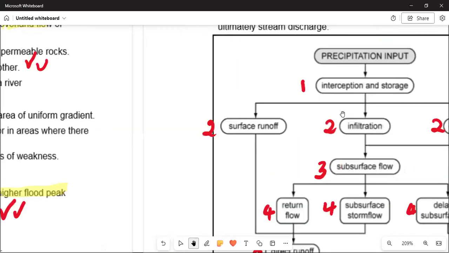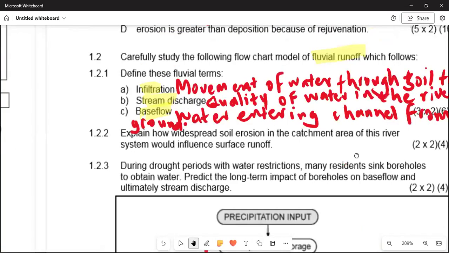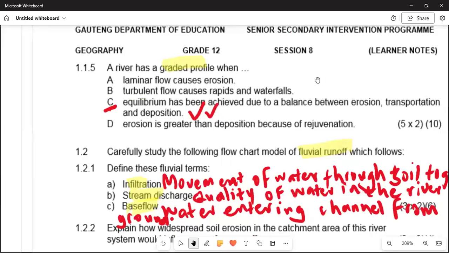Moving on to 1.1.5, we are asked when a river has a graded profile. Refer back to the previous module where we talked about graded and ungraded profiles. A river has a graded profile when, as in number C, equilibrium has been achieved due to balanced erosion, transportation and deposition.